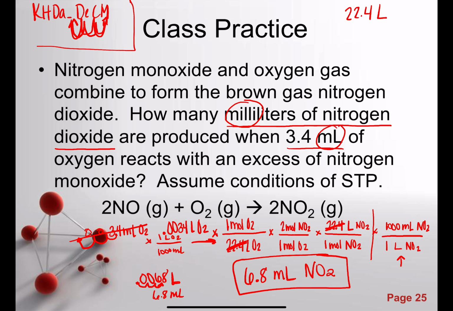So any way that you do it, you'll get the right answer as long as you set it up correctly. Always be mindful of those prefixes and make sure everything is in the right unit. You can't use milliliters with liters without converting something.